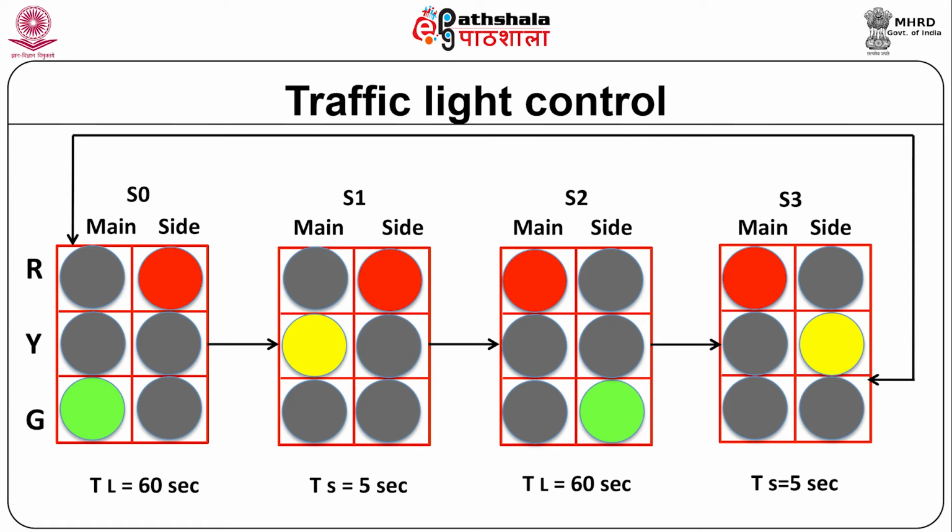In the third state, the main road light is red and the side road light is green for 60 seconds. In the last state, that is the fourth state, the main road light is red and the side road light is yellow for 5 seconds. The process is repeated again and again to generate the proper traffic light control.